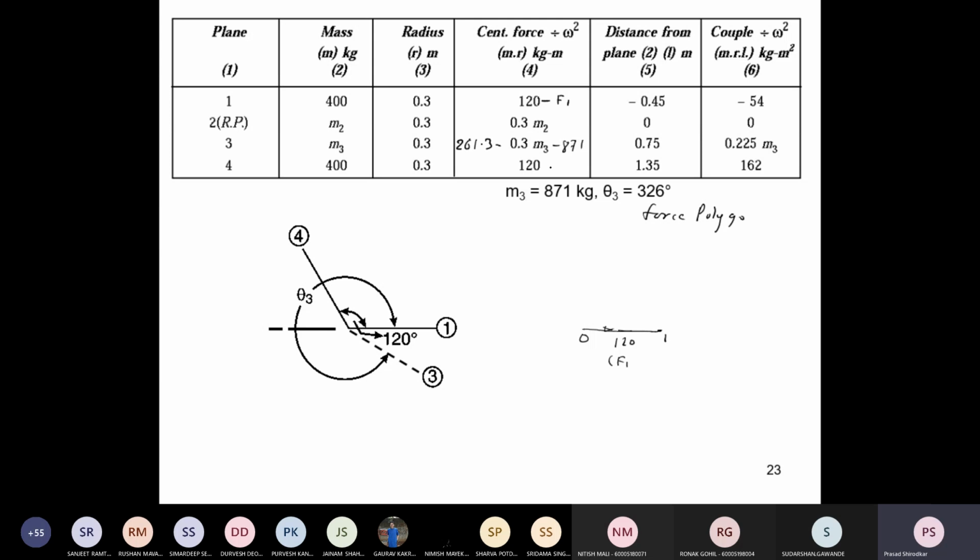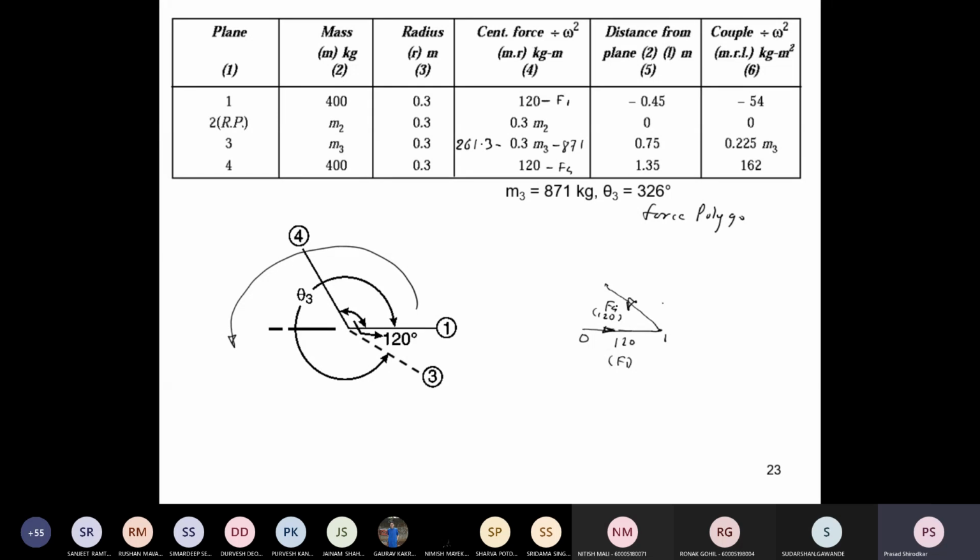Then construct F4. I am going in this sequence. The next mass is F4, which is also radially outwards, so draw it in the direction radially outwards. This is also 120, F4.